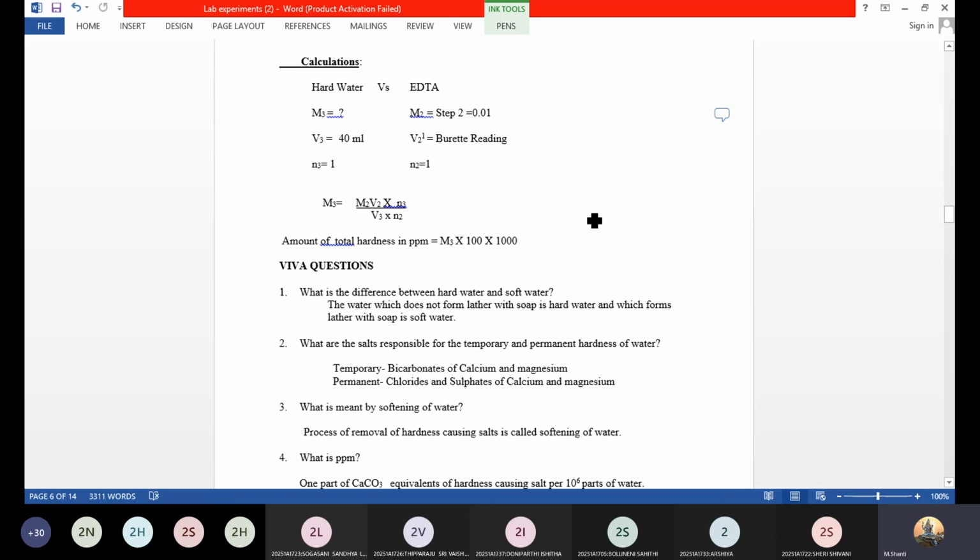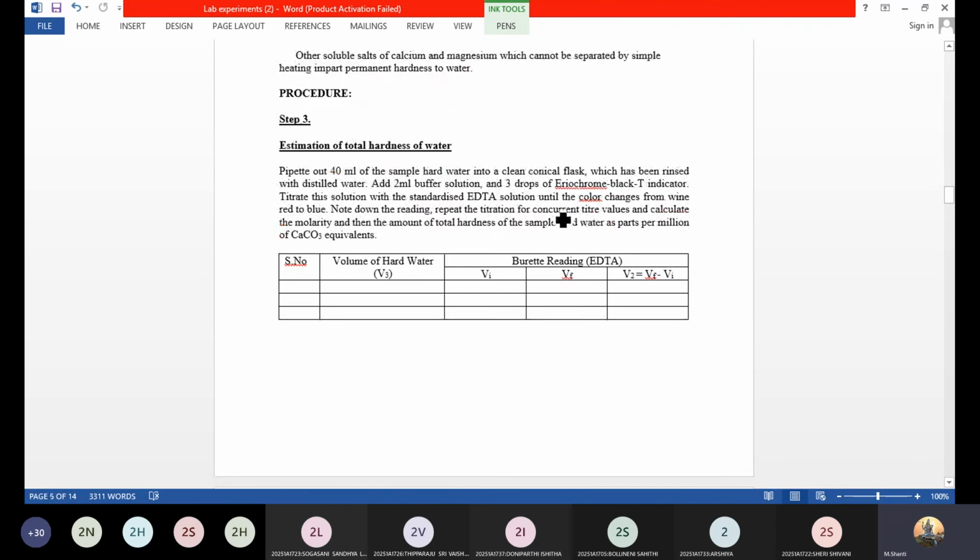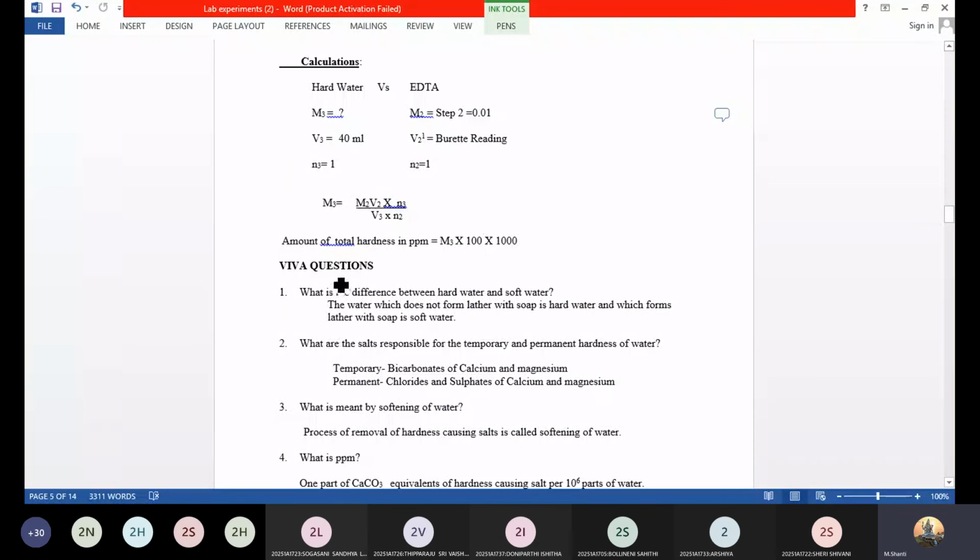Then on the right-hand side, what are you left over with? This theory part. Below, you write the result, and mention the amount of total hardness you are getting, which you can write in ppm. Have you understood what I said?